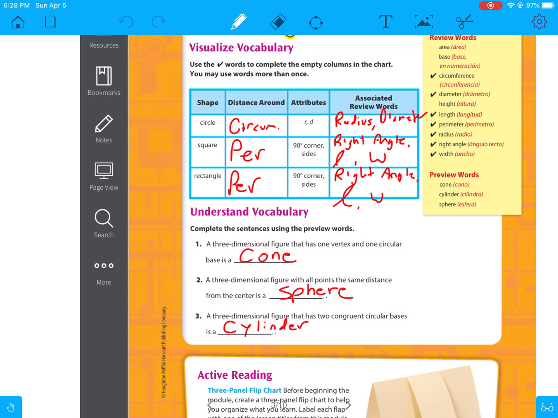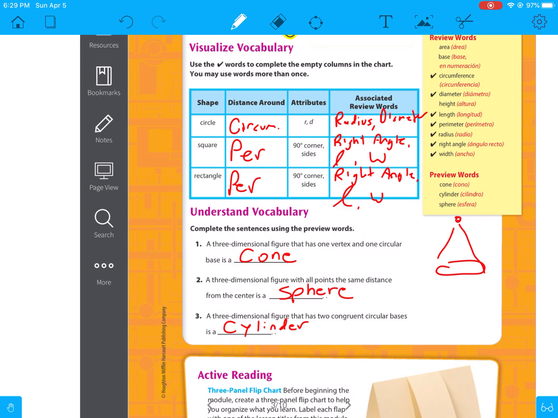So for the understand vocabulary, a three-dimensional figure that has one vertex and one circular base is a cone. So a vertex is where all the points meet. So that point's usually on the top of your cone. That's your vertex. Three-dimensional figure with all points the same distance from the center. That's a sphere. Think about a baseball, softball, basketball.